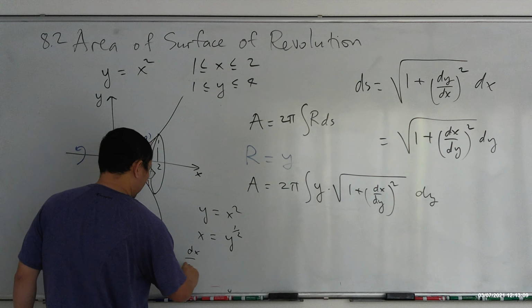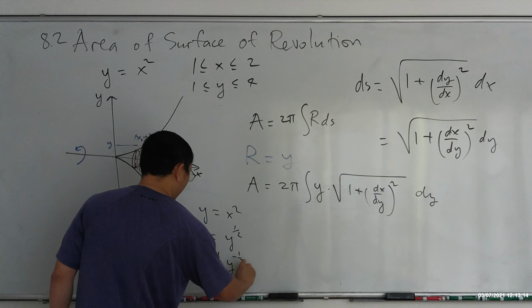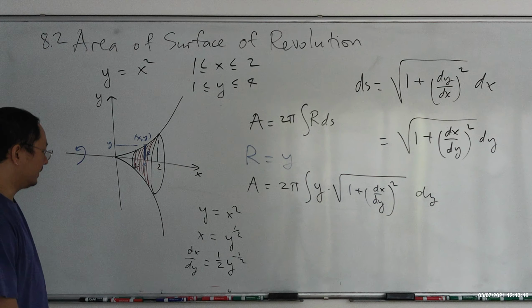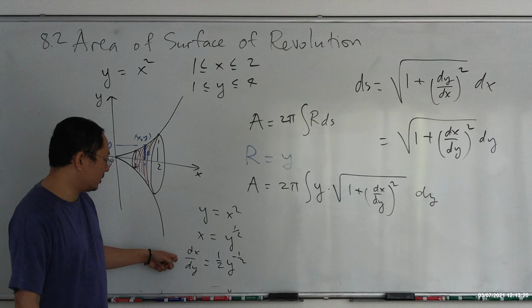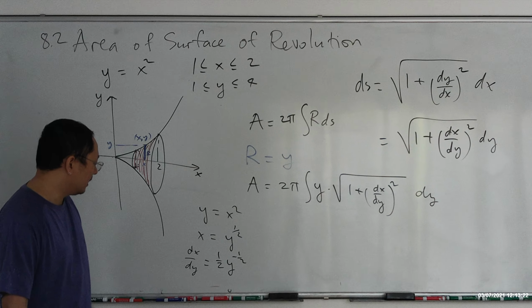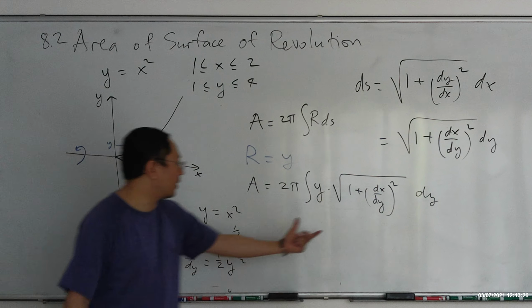So dx over dy is equal to 1/2 y to the -1/2. You see, I use the power rule right here for the derivative with respect to y. So 1/2 outside, y to negative 1/2. Then we square it.